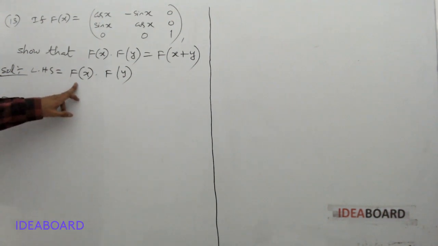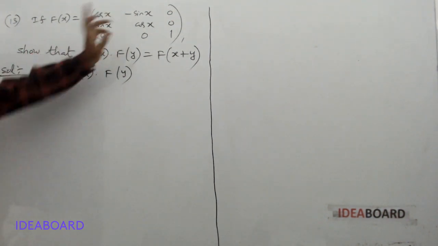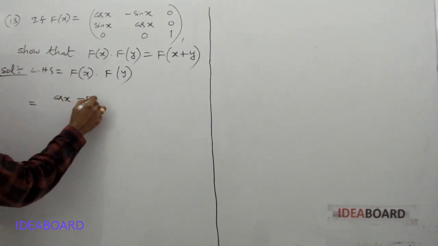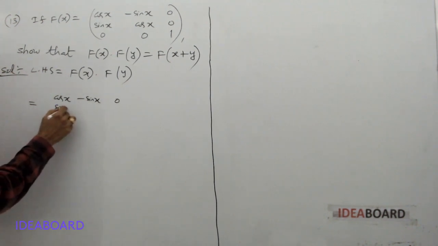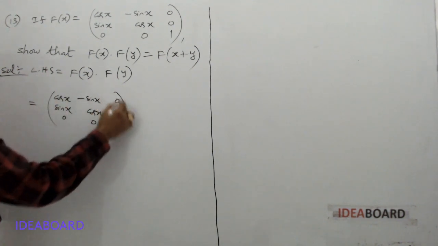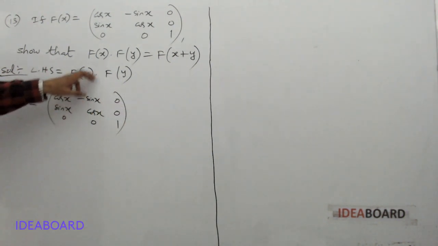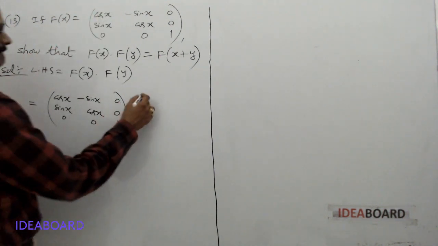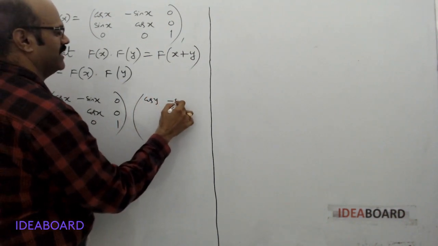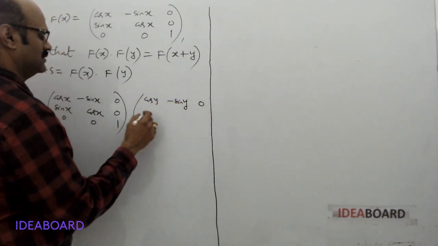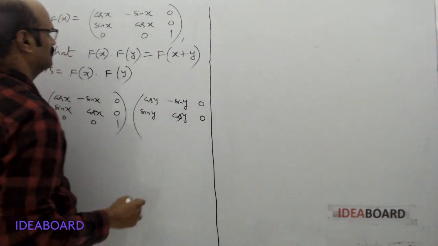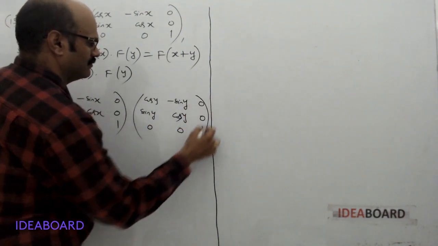Here f of x means [cos x, -sin x, 0; sin x, cos x, 0; 0, 0, 1] into f of y. In the place of x we should write y here. So [cos y, -sin y, 0; sin y, cos y, 0; 0, 0, 1].